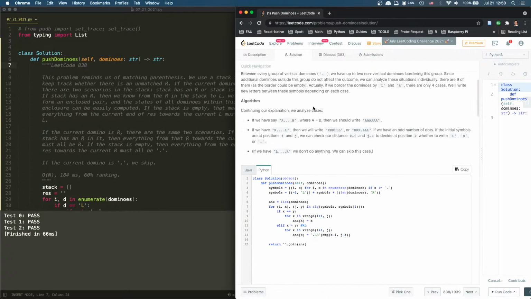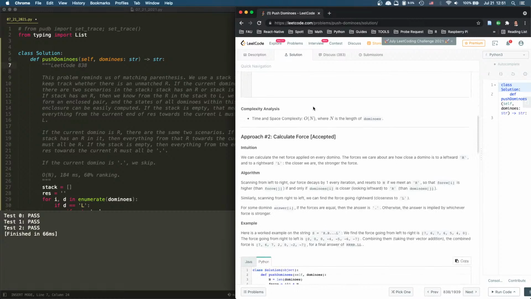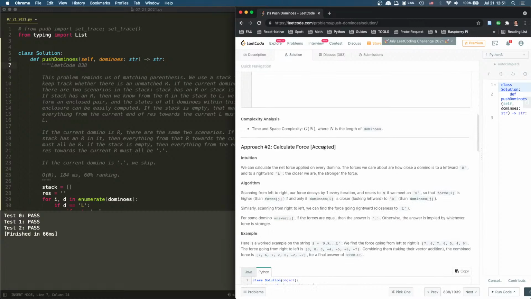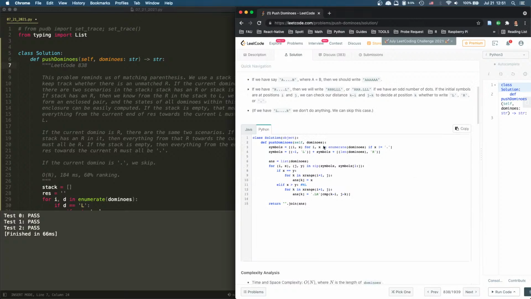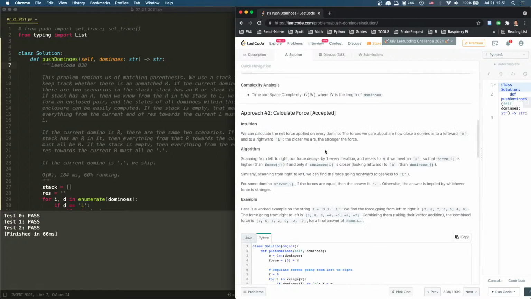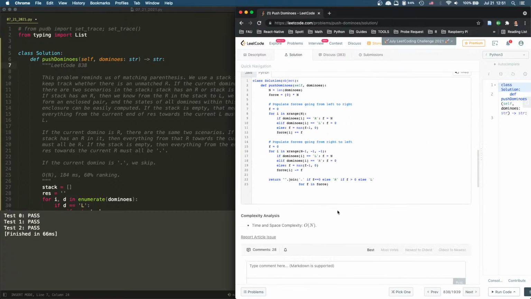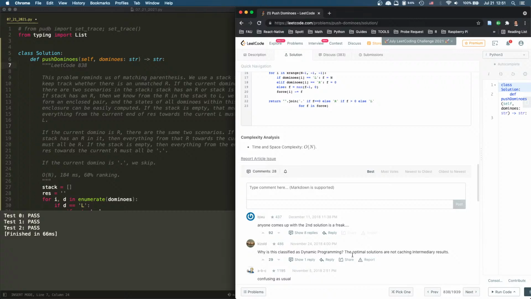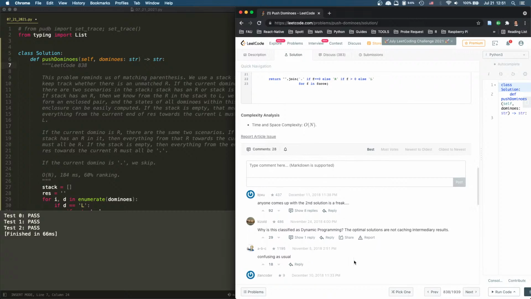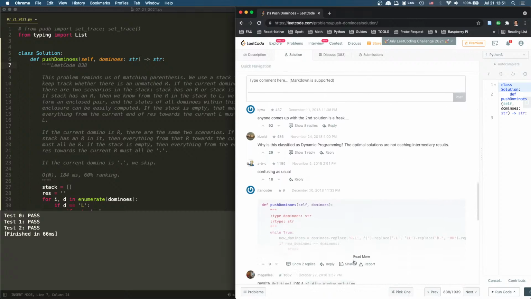Okay. Oh my, look at how simple it is. Calculate force. Adjacent symbols. Calculate force. What do you mean by calculate force? Confusing as usual.